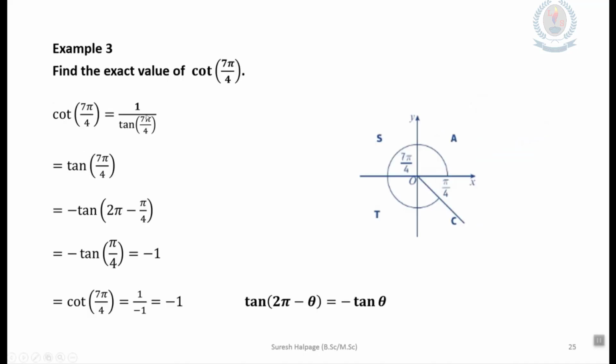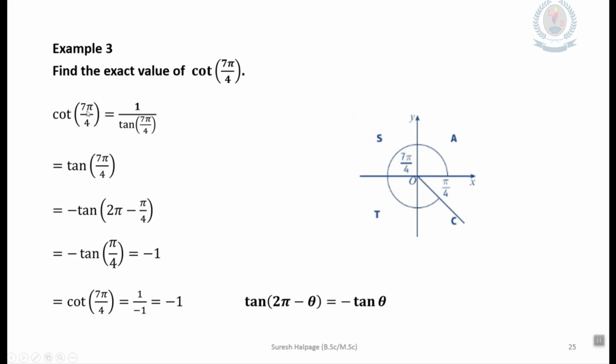Example number 3. Find the exact value of cot 7 pi divided by 4. You can draw this diagram. Start from the positive direction of the x-axis, positive angle anti-clockwise, and mark 7 pi divided by 4.